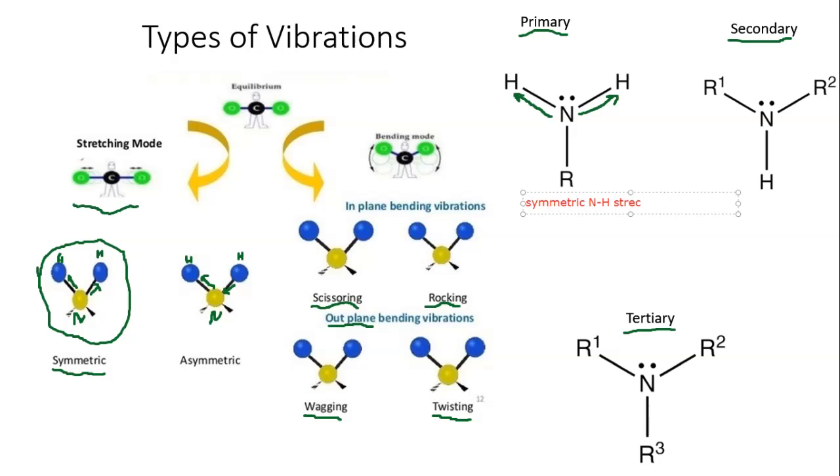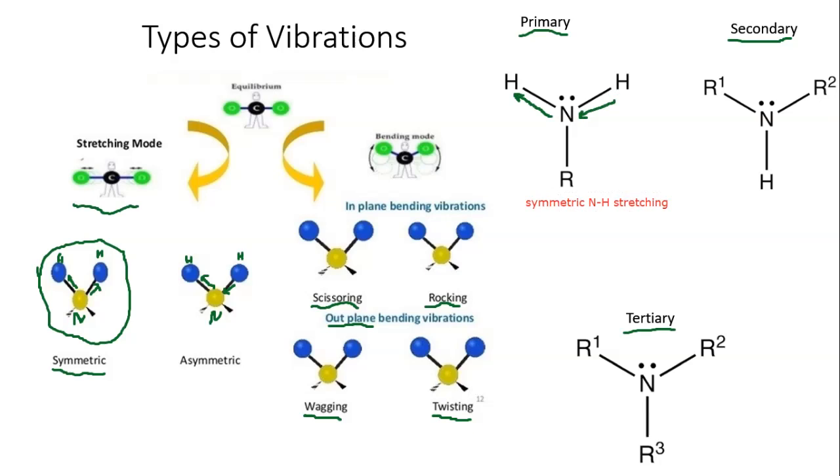It's still stretching, right? Because again, these two hydrogens can both stretch together. Or, since there are two of the same atoms, you can have asymmetric stretching as well. When one's stretching out, the other one's coming in.